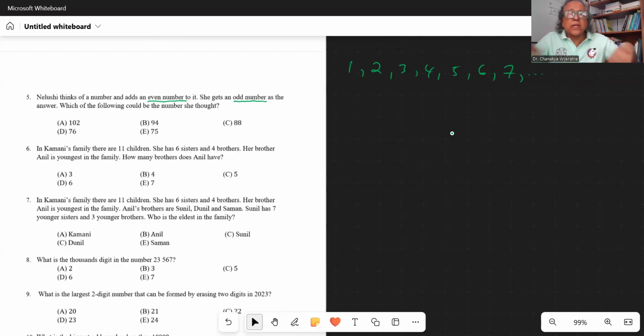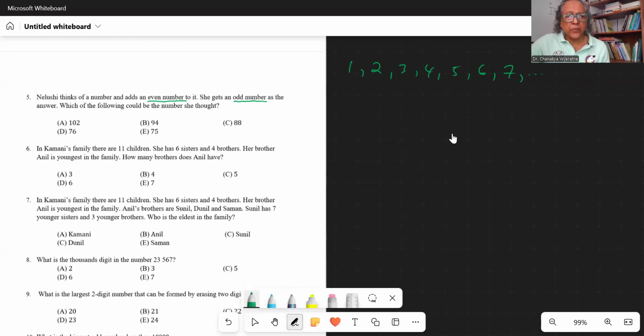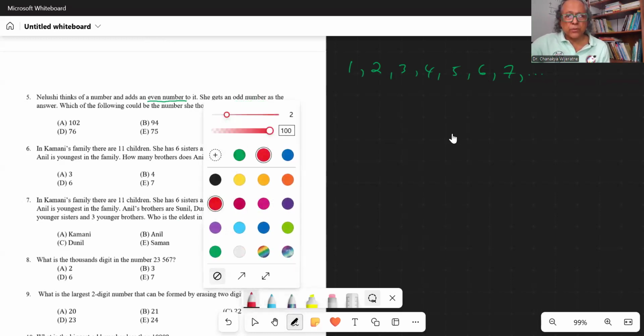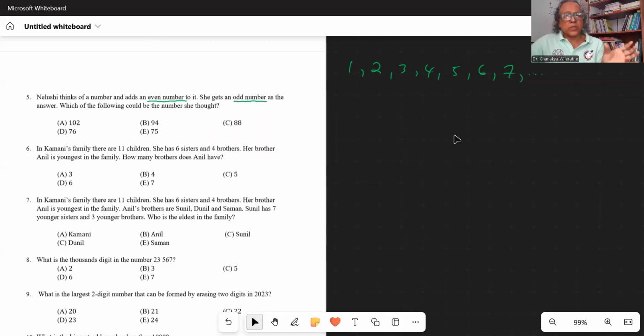For example, if you take the number 2, and take 2 apples, we can divide that into 1 apple each, so that we get 2 heaps, 1 apple in each, and they are equal. The same can be done for 4 apples, 2 apples in each heap, and they are equal.